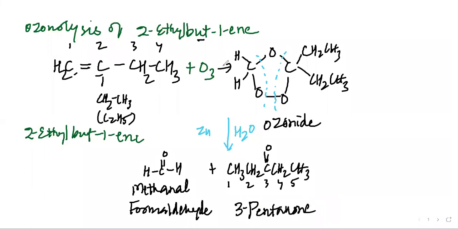So this is how, my dear students, it's quite easy for us to understand the ozonolysis of various compounds. If you could not understand anything, you can ask me, or we can move to the next question.